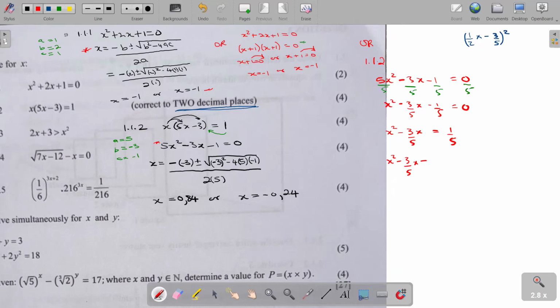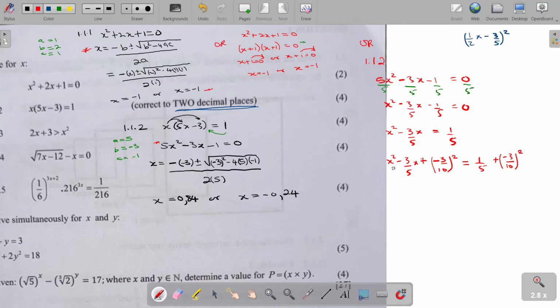So if we simplify that, it means we are going to add negative 3 over, sorry, it's 10. 2 times 5 is 10, not 6 there. The denominator there is supposed to be 10. So negative 3 over 10 squared.